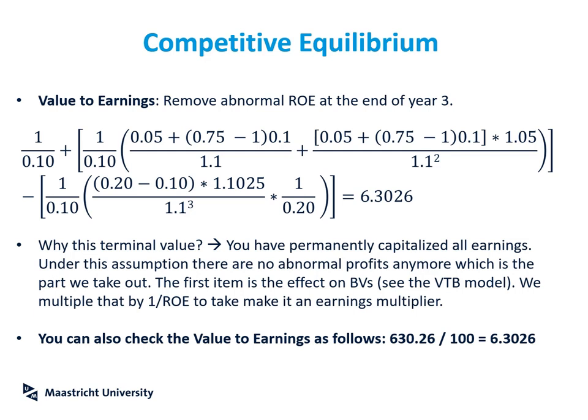Now we have to adjust this for abnormal profit growth that we have over the forecast horizon. So profit growth from year 1 to year 2 is 5%. But we need to adjust this for the normal profit growth because we're interested in abnormal profit growth. The dividend payout ratio is 75%. So the reinvestment is 25%.